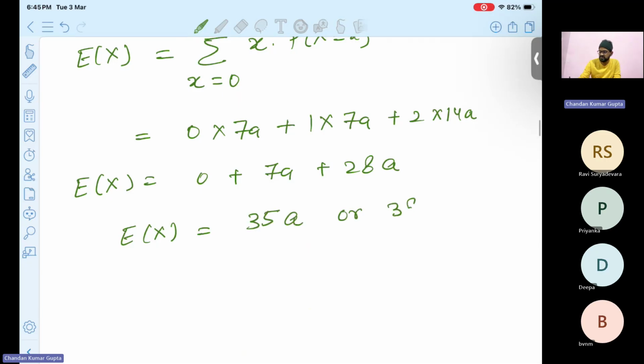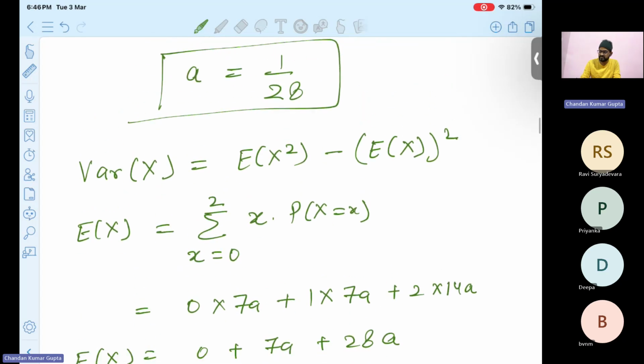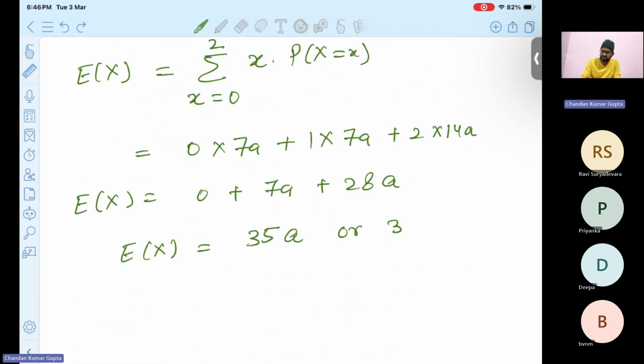Since the value of a is 1 by 28, it is 35 upon 28. This is the expectation of X.